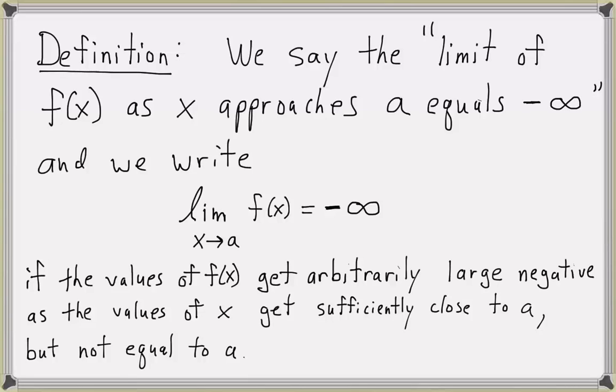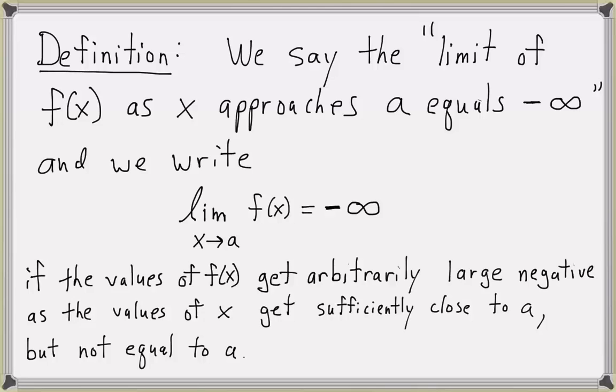Similarly, we define the limit of f of x as x approaches a to be negative infinity, and we write this notation, the limit of f of x equals negative infinity as x approaches a, if the values of f of x get arbitrarily large negative as the values of x get sufficiently close to a but not equal to a.